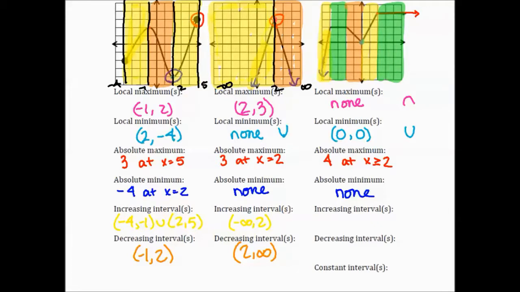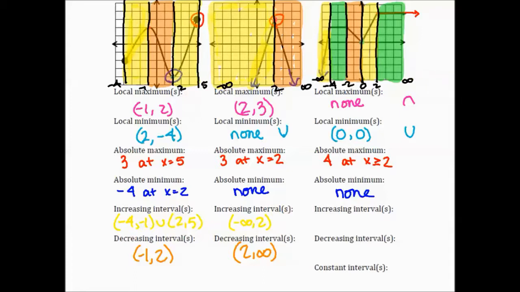And if I mark where all of those changes occur, on the left side of the graph, it's going to continue going out to negative infinity. Then it changes at negative 4, changes again at negative 2, changes at 0, changes at 2, and then continues out to positive infinity.